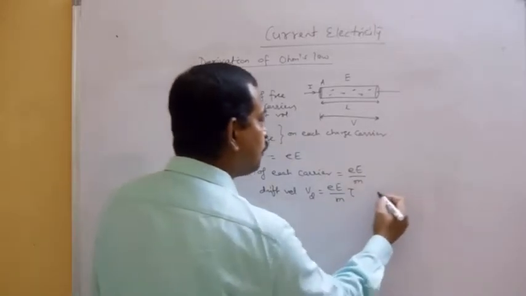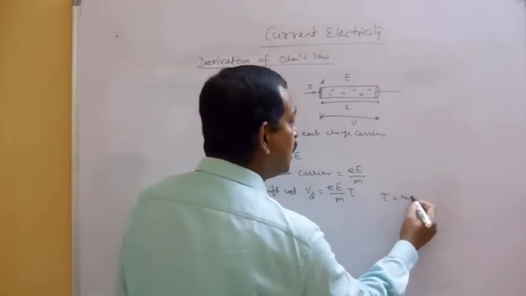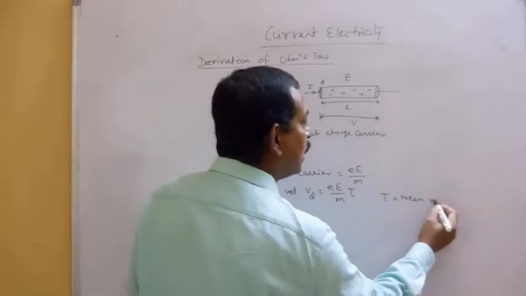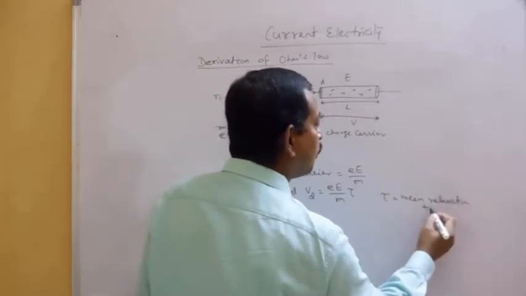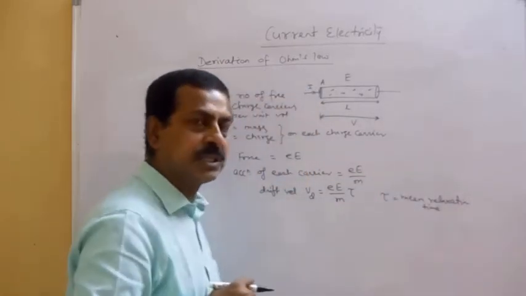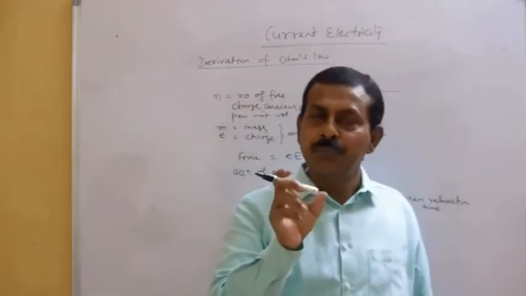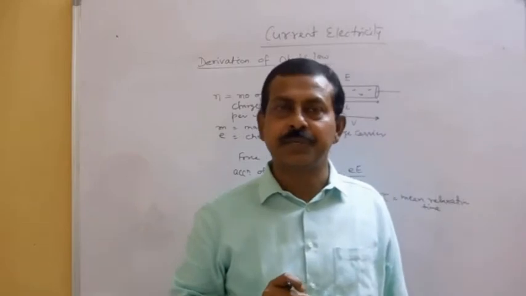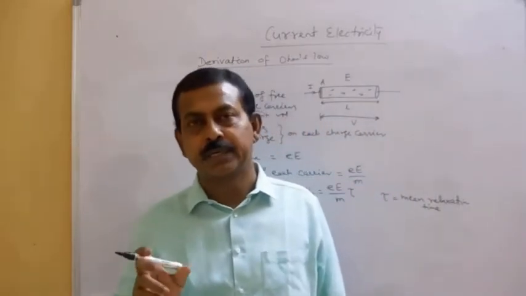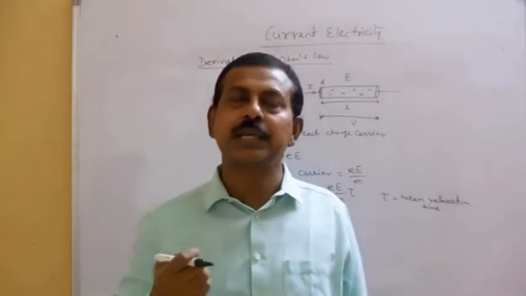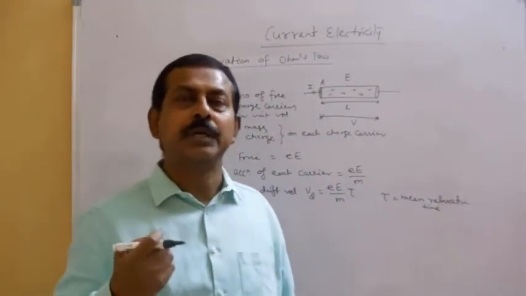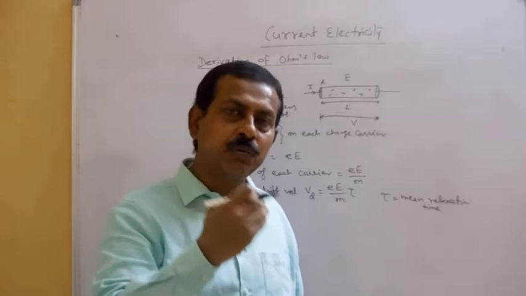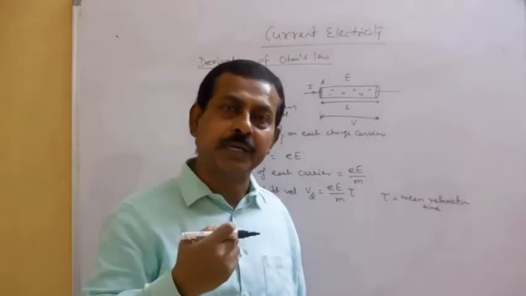This tau is mean relaxation time. What is this mean relaxation time? When we have applied potential difference across a conductor, then the free charge carriers of it will now be set up into a particular direction's movement.